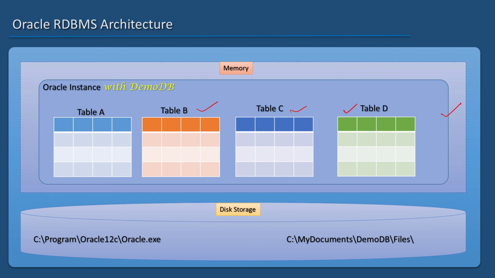So remember, when someone says that there is an operational Oracle RDBMS system which is available for use, that means that there is at least an instance online with a database opened by it.